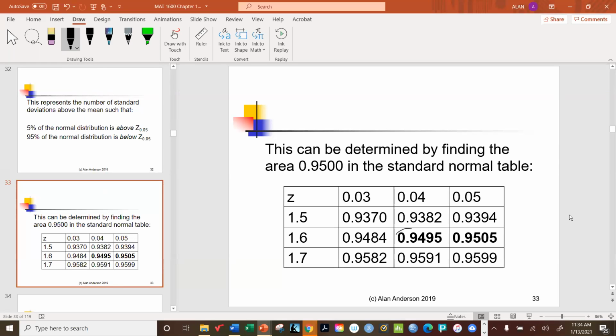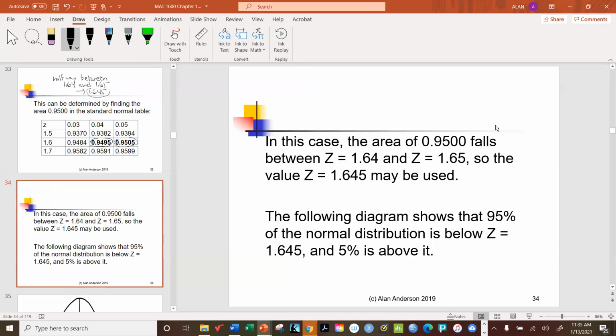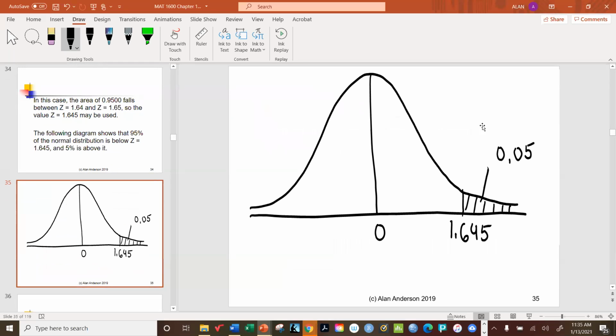And in this case, it happens to be halfway between these two values, 1.64 and 1.65, which we normally just round to 1.645. That's standard practice in statistics. For this particular case, oh, I did draw a picture of it. Okay.